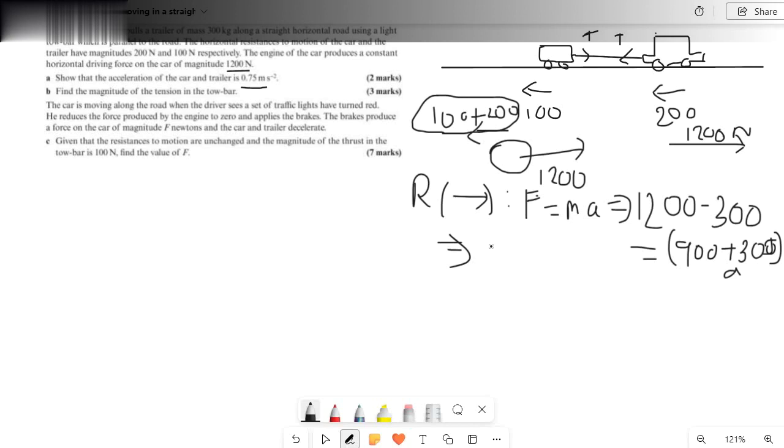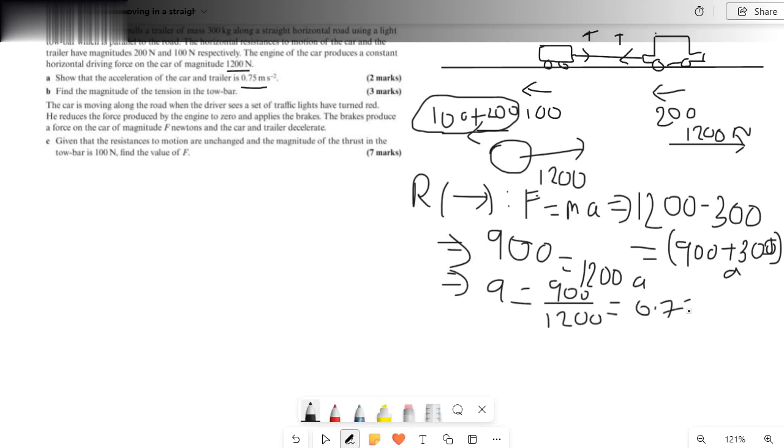Simplifying, we have 900 equals 1200 multiplied with acceleration. So the acceleration equals 900 by 1200, which is 0.75 meters per second squared.